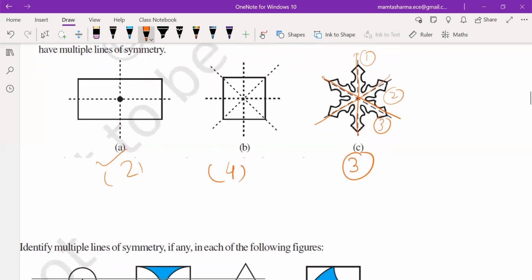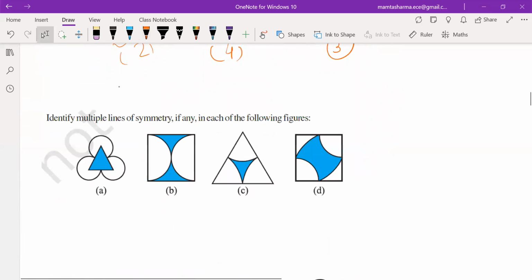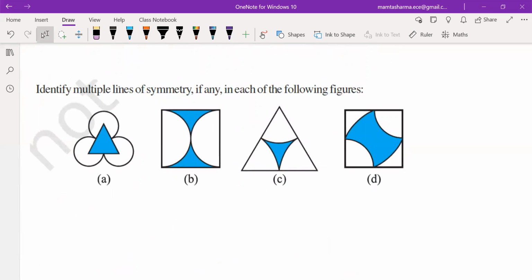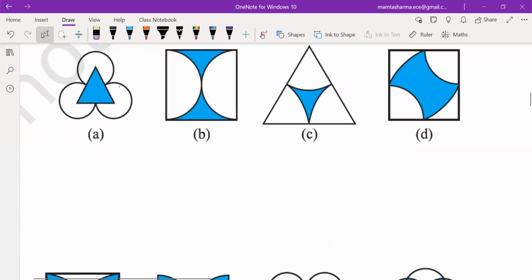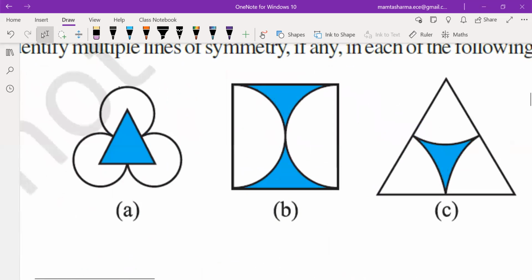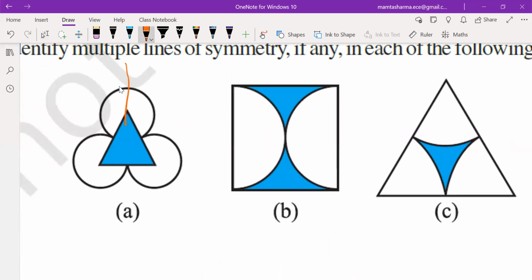Yes, ma'am. Clear. Now see, there are some figures. You have to draw the line of symmetry. How would you draw the line of symmetry for this figure? Tell me. Ma'am, vertical, horizontal. Not horizontal, actually, they would not be the same. Ma'am, sorry, ma'am.